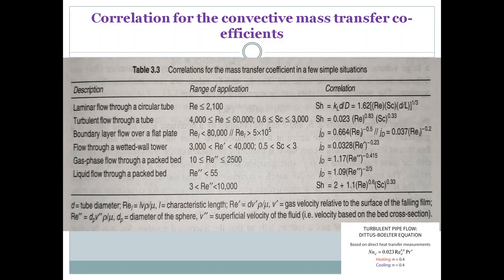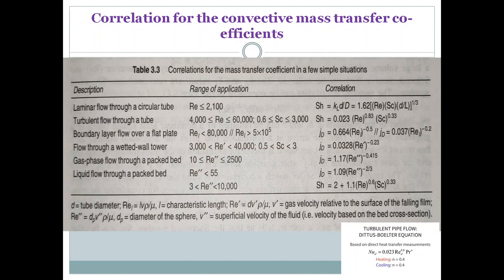Dimensionless numbers are very important because they cover a vast range of your system, just as I told you for the Reynolds number in fluid flow. So in today's lecture, we tried to understand what the mass transfer coefficient is, what the problem is in calculating it, and how we solve this with acceptable limits.